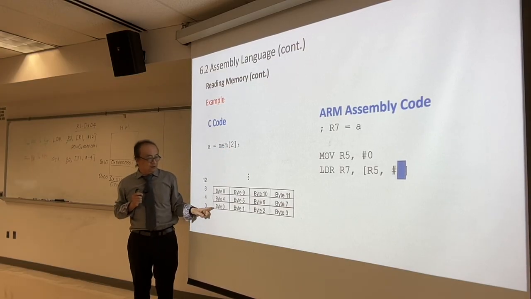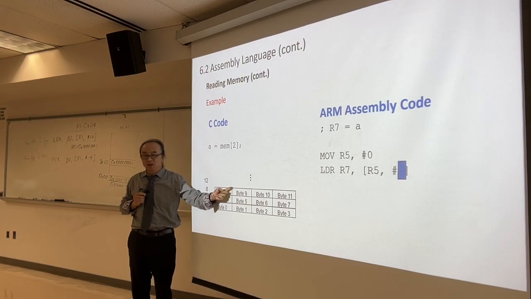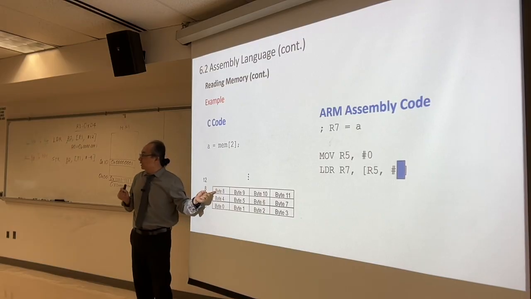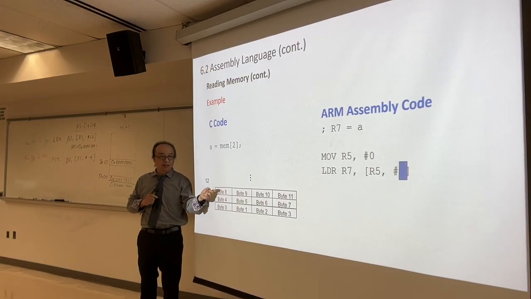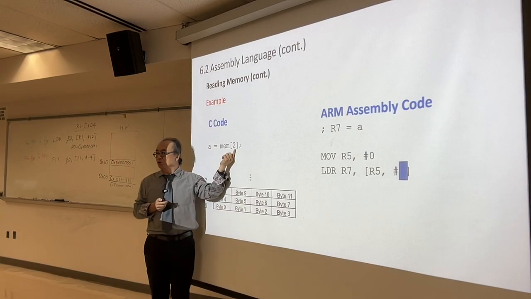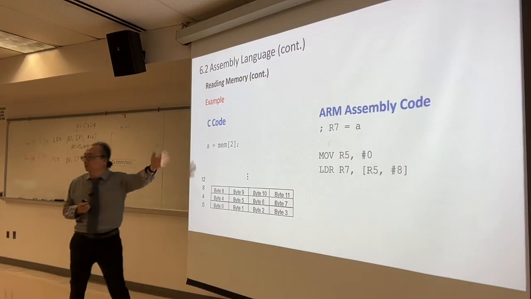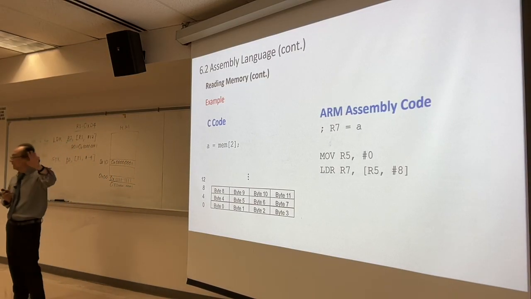But in C, it says array 2. Where is it? That's 0, 1, and 2. In the ARM, we need to exactly tell the system that is the memory address of what? 8. So even though you see 2 here, this should be 8, not 2, not 3, not 4, not anything else.